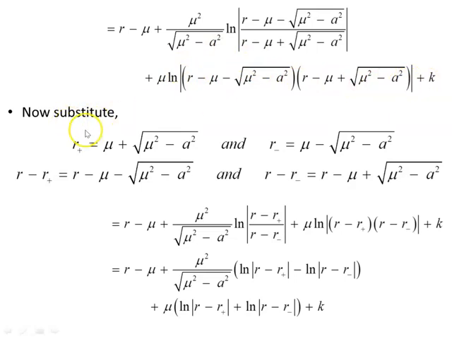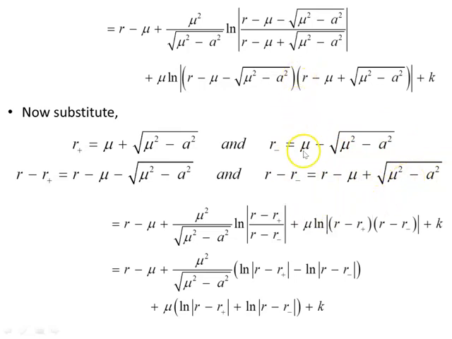Now, if you remember the outer stationary limit, the outer event horizon and the inner event horizon, r plus was the outer, this. r minus was the inner. Then we can write r minus r plus is r minus r plus, all this. And r minus is r minus and then the negative of all this, so minus mu plus square root of that.